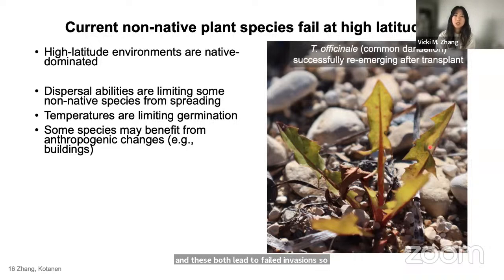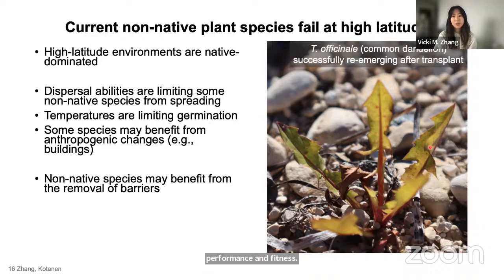But some species, such as dandelion, might benefit from anthropogenic changes that can lead to higher plant performance and fitness. There's evidence that some non-native species are going to benefit if these barriers to invasion are removed. So for example, if there are anthropogenic factors that can increase long distance dispersal by acting as vectors, or anthropogenic changes such as buildings or other human-made structures.